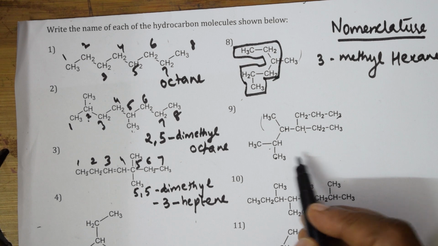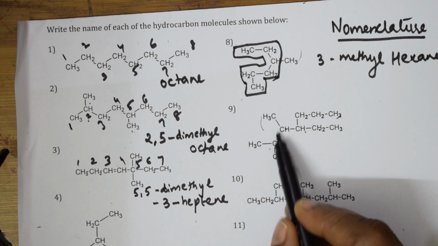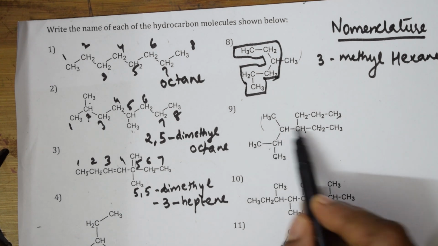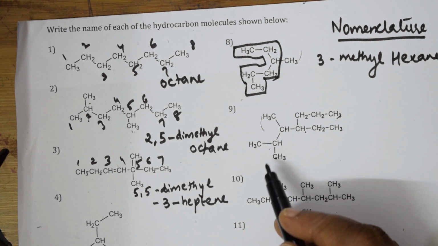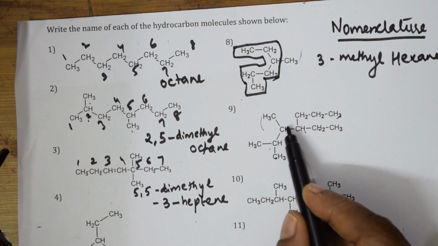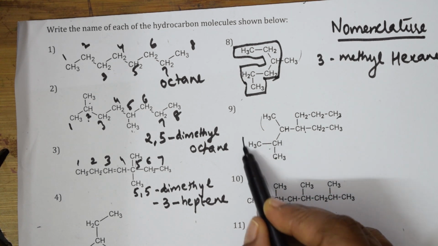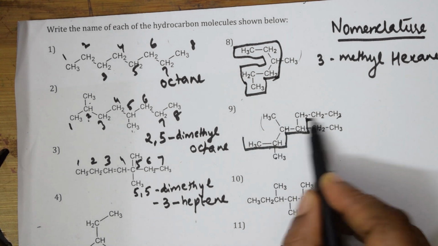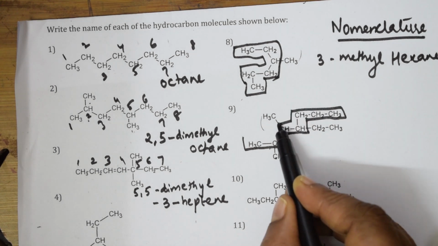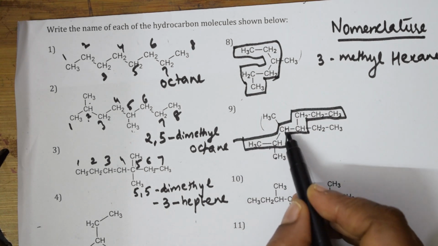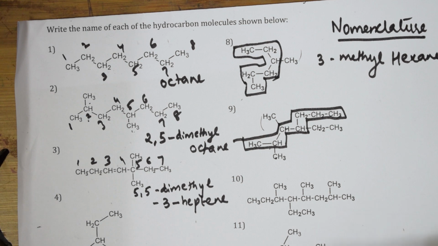Okay, this is also ruled out. Suppose if I take like this, 1 2 3 4 5 6. Suppose if I take like this, 1 2 3 4 5 6 7. Yes, this is the biggest one. I am considering in this direction. See here, 1 2 3 4 5 6 7. Okay, done. So the heptane.